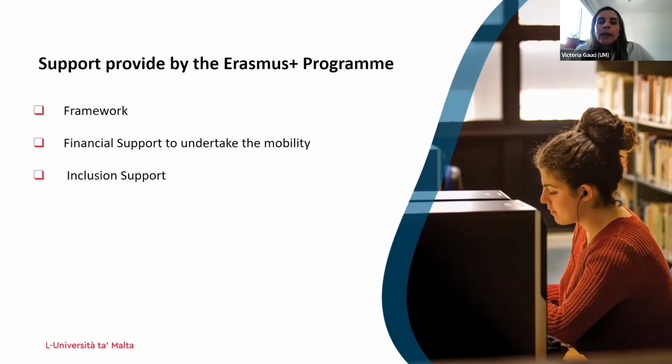So as we have said, the Erasmus program operates within a framework, and beyond the framework it also provides very important financial support for the mobilities to take place, and also other types of support, which is now being referred to as inclusion support.